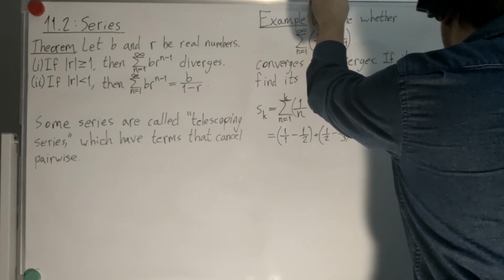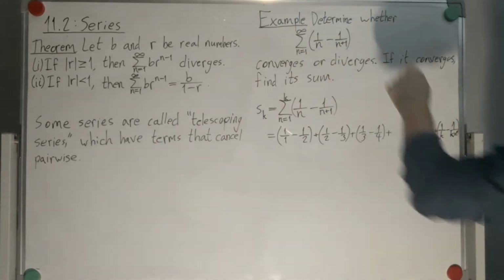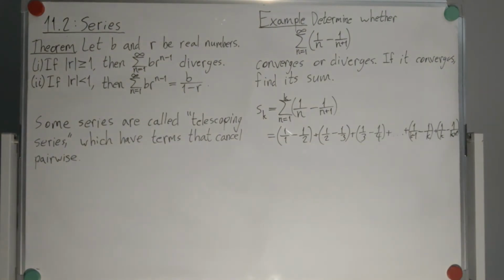The last term is going to be 1 over k minus 1 over k plus 1. Sorry, ran out of space there, got a little bit sloppy.